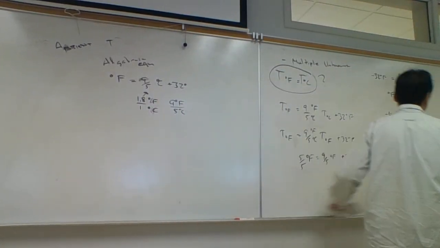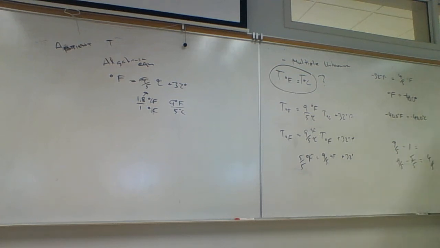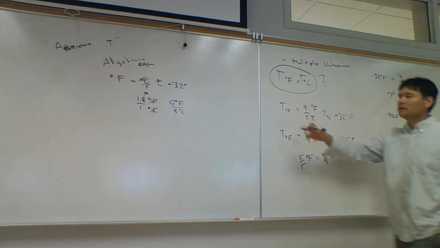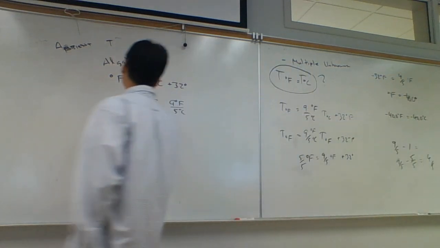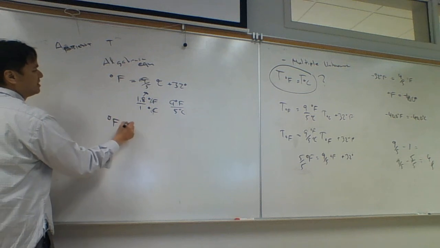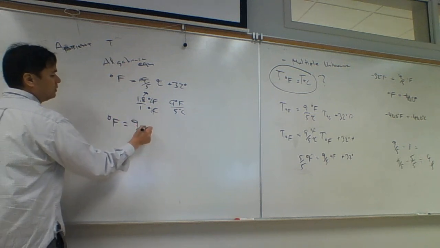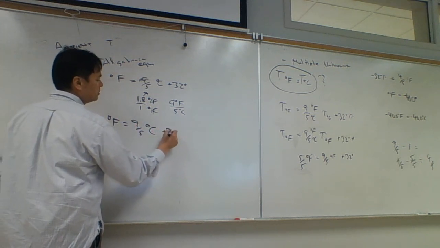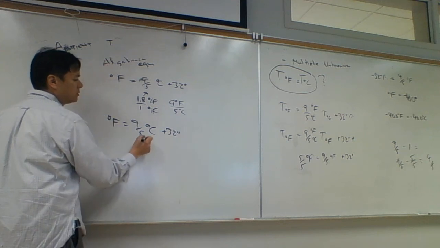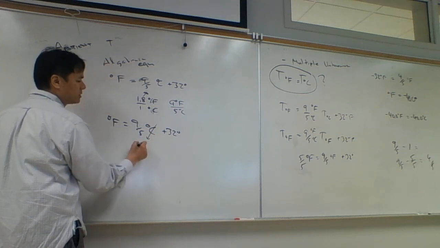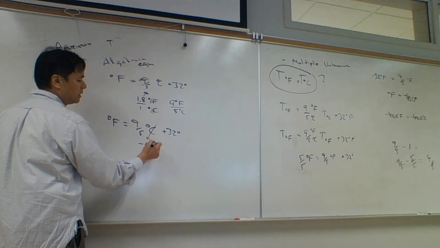But we can double check the answer. I mean, is that correct? I don't know. How can we double check the answer? Well, we could double check it just by plugging it into the equation. And so if I plug it back into this equation here, degrees Fahrenheit is equal to 9/5 degrees Celsius plus 32 degrees. And so what I'm going to do is I'm going to plug in here for degrees Celsius minus 40 degrees.